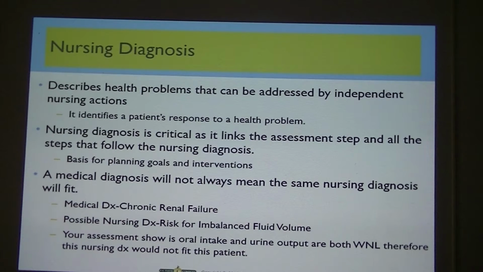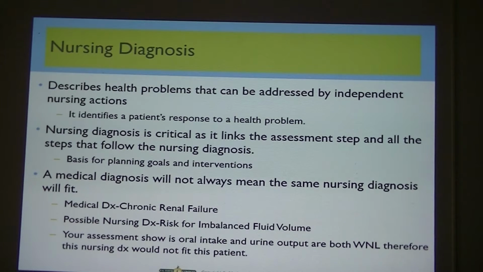Nursing diagnosis describes health problems that can be addressed by independent nursing action. So it just identifies the patient's response to a health problem. If a patient just had a hip replacement, then a possible nursing diagnosis could be acute pain.